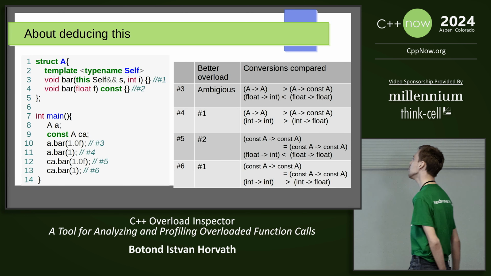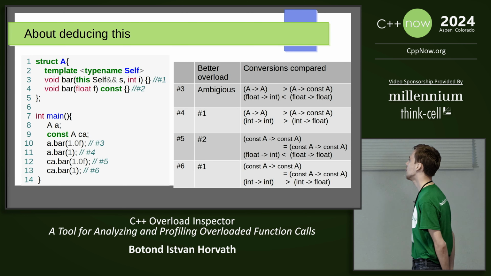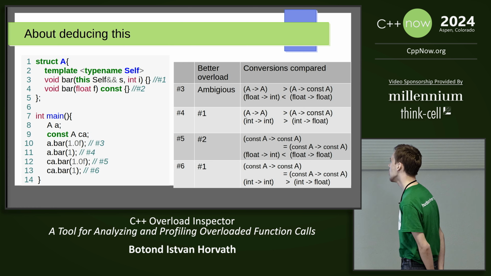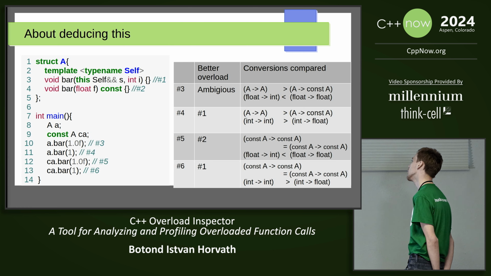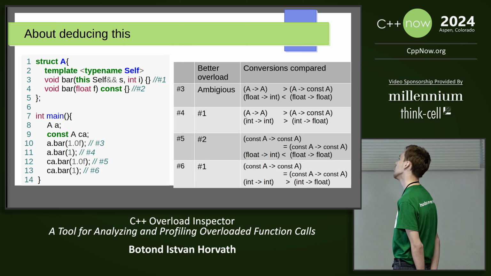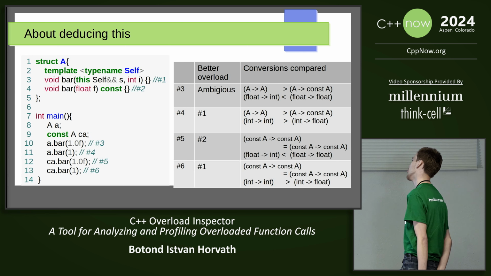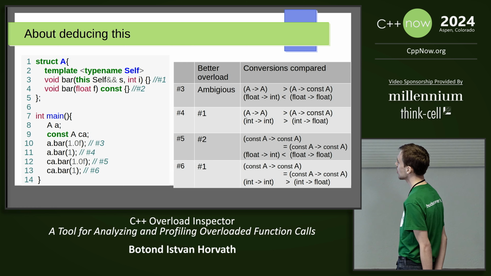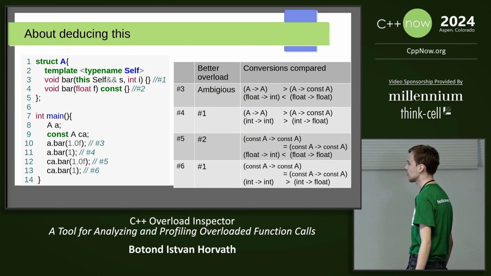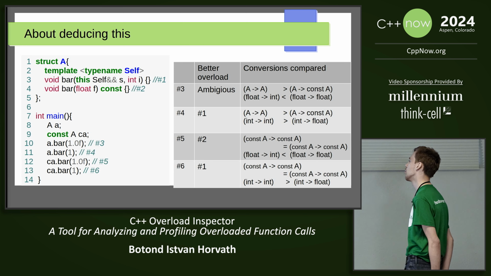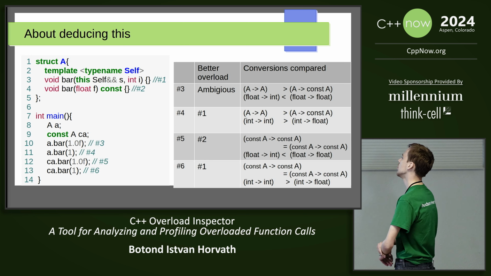So here is an example. We have two bar functions in this struct. One of them uses this new feature. The other one doesn't. The first one has an integer parameter next to the object parameter. The second one has only a floating point parameter.